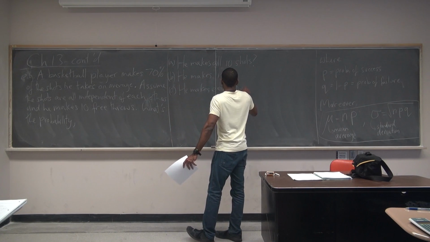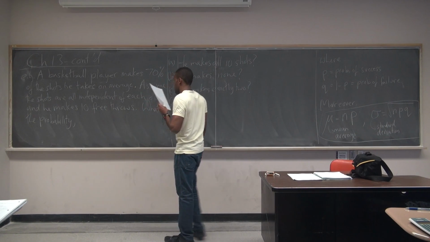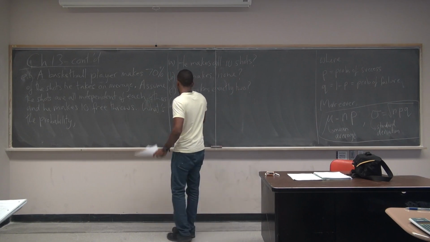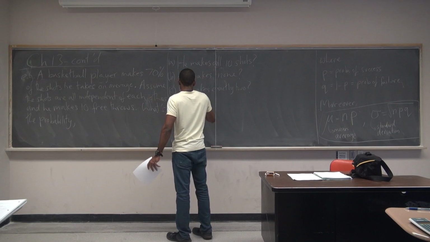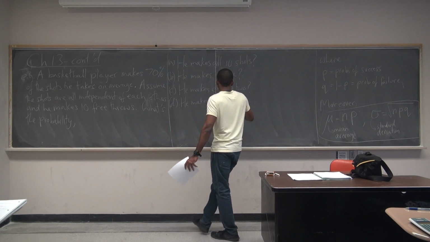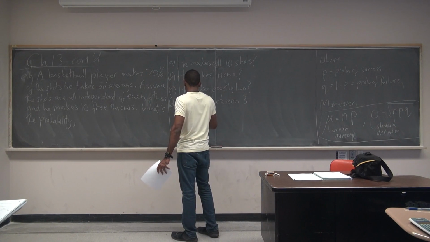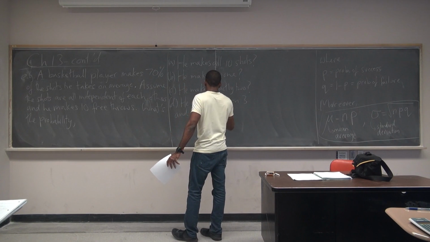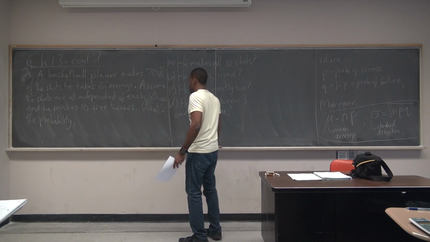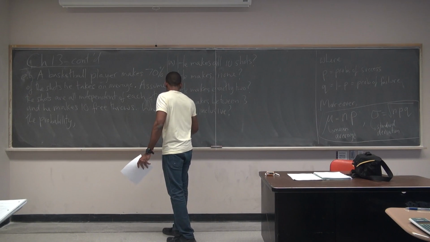D. He makes somewhere between 3 and 5 of those baskets. And E, he makes at least 1.